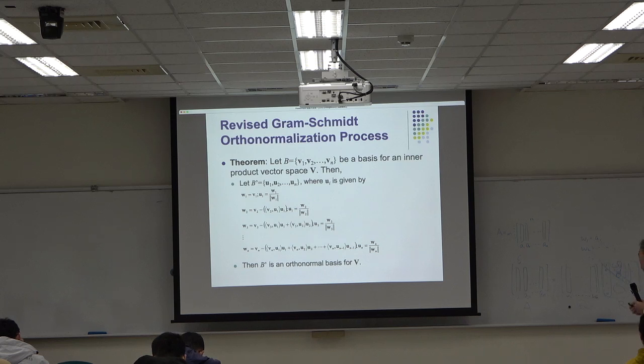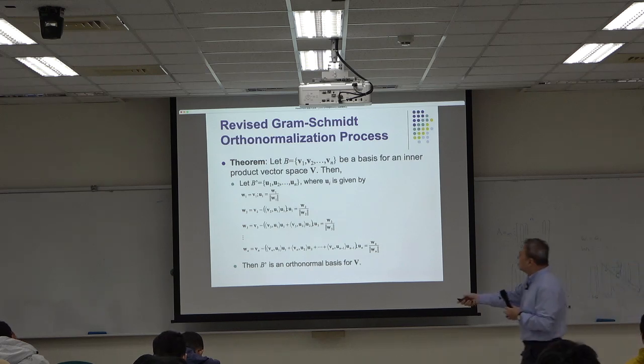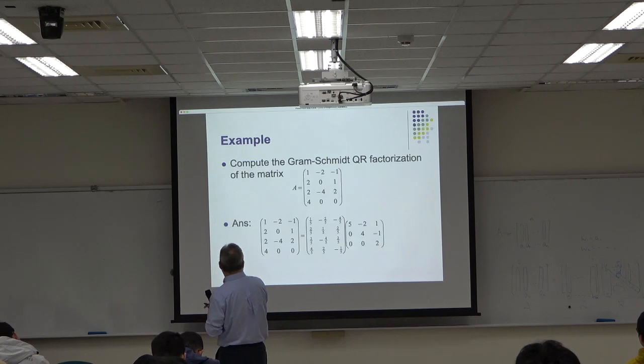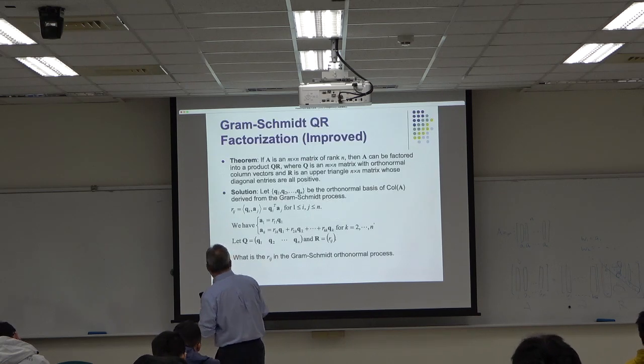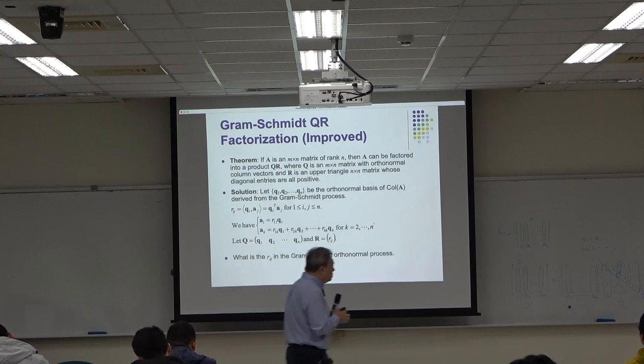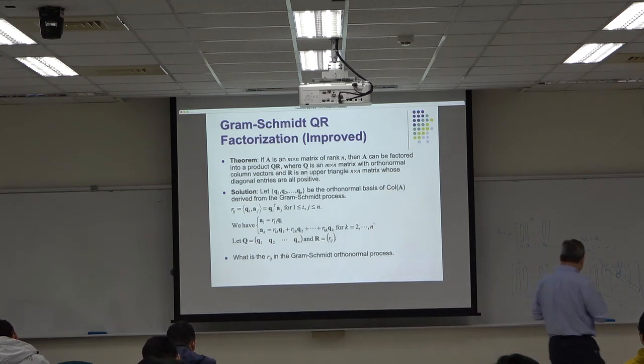So what we can do is, because in this theorem we say Q is an n times n matrix with orthonormal column vectors, we need to do something more.